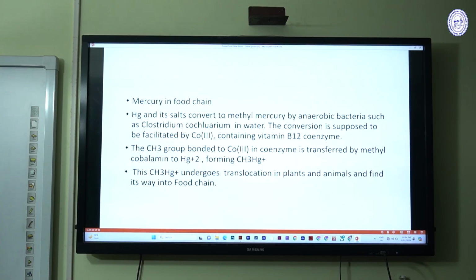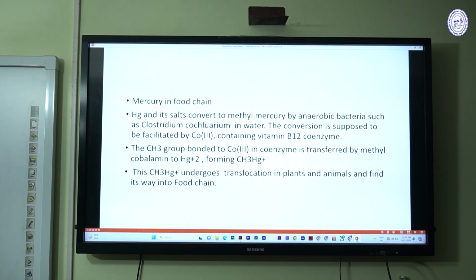Now, how does mercury enter the food chain? Mercury and its salts are converted to methyl mercury by anaerobic bacteria such as Clostridium cochlearium in water. The conversion is supposed to be facilitated by cobalt(III) containing vitamin B12 coenzyme.